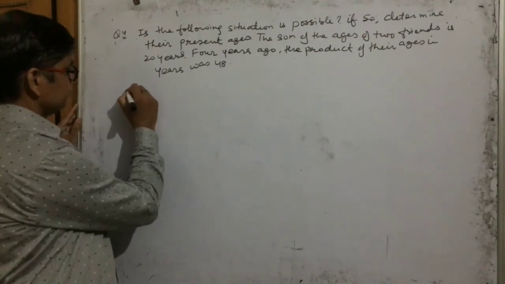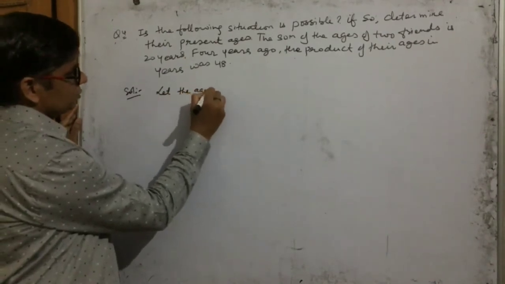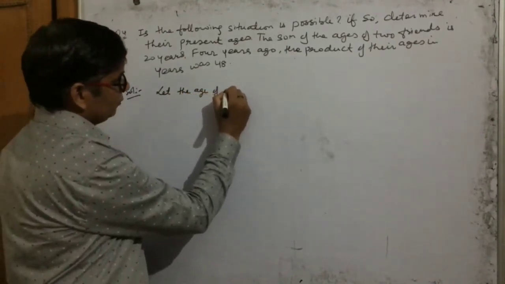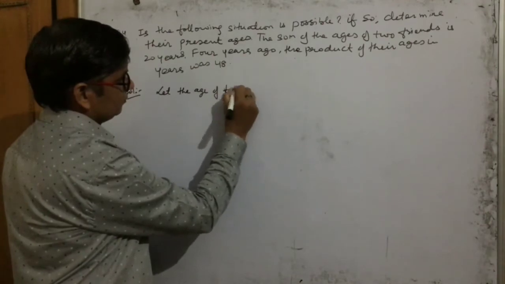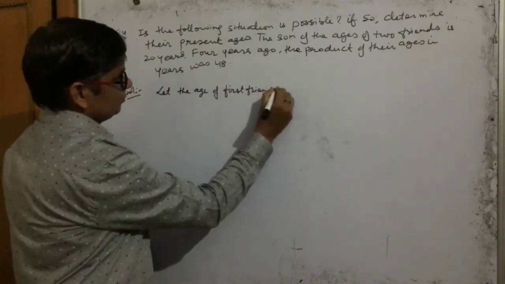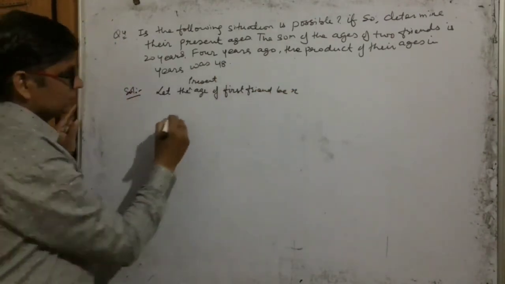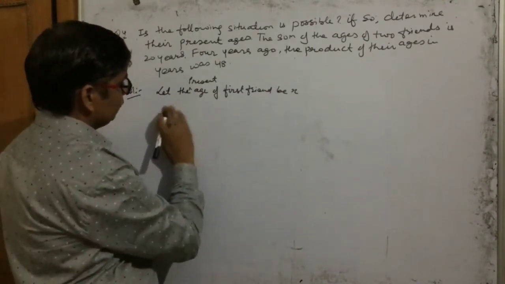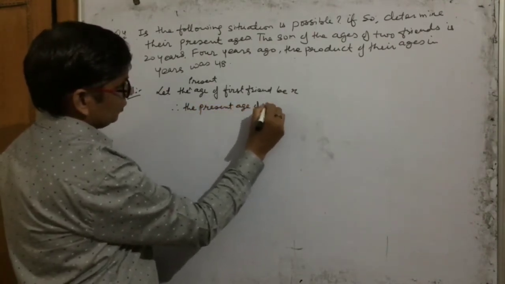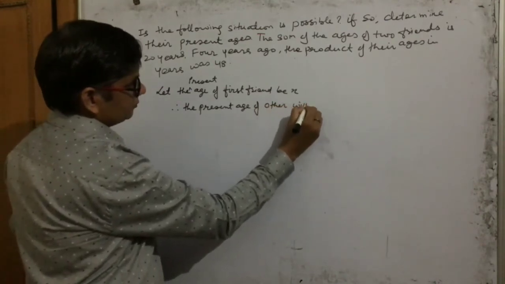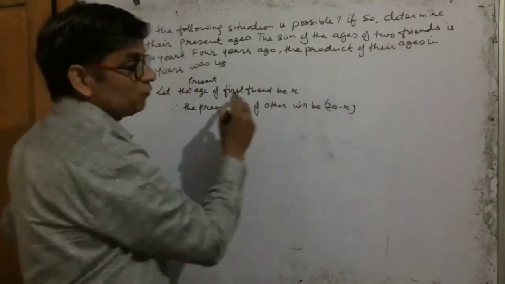So let the present age of the first friend be x, and therefore the present age of the other will be 20 minus x, because the sum of the ages of two friends is 20 years.